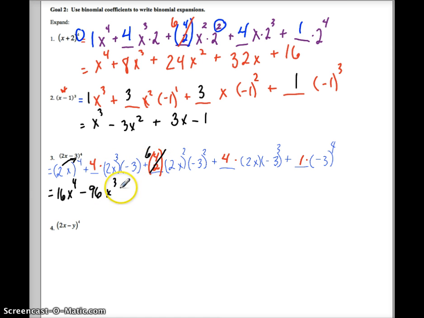The next term will be plus, and here we have again 2 being squared, and the negative 3 is being squared. So 6 times 4 times 9 is 216 x to the 2nd power.